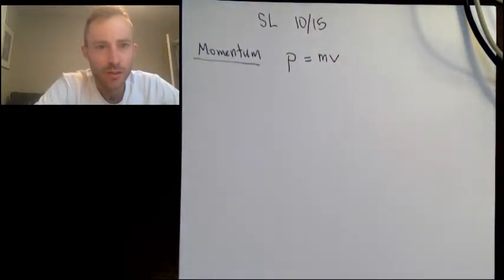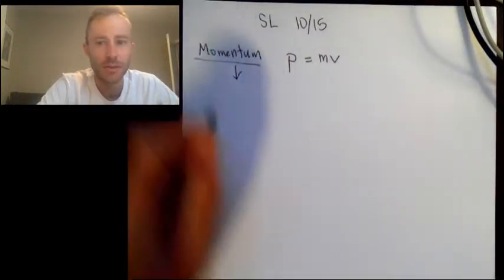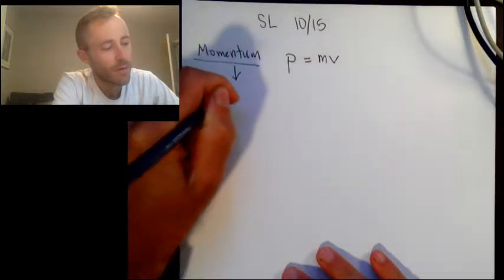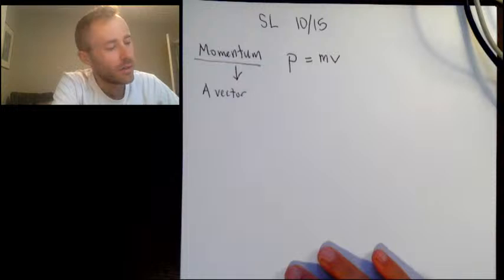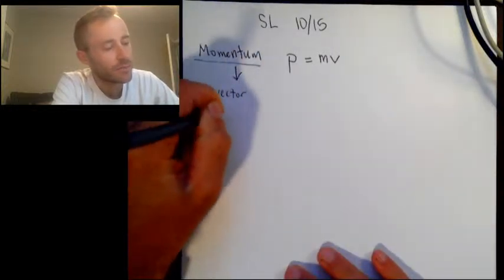So we can see that it's sort of similar to kinetic energy in the sense that it depends on your mass and your speed. However, one really important difference is that momentum is a vector. And the thing about vectors is that they have a direction.